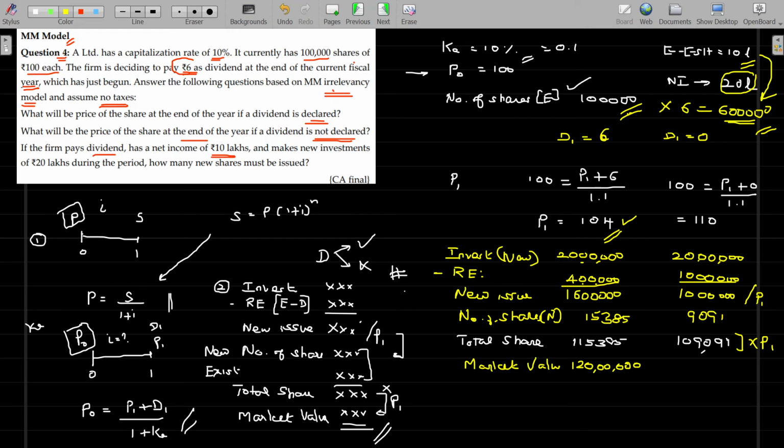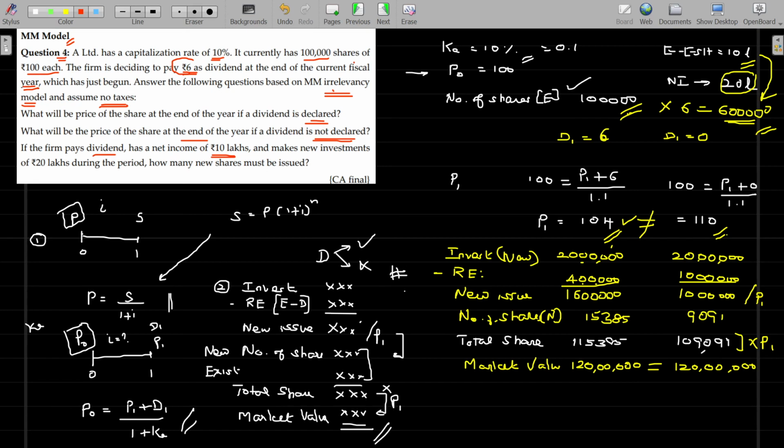Similarly, 1,09,091 should be multiplied with the applicable P1, and this is also 120 lakhs. So from this it is clear the price may not match, but the value of the company remains the same whether you declare the dividend or not. That is why it is called the dividend irrelevancy model.